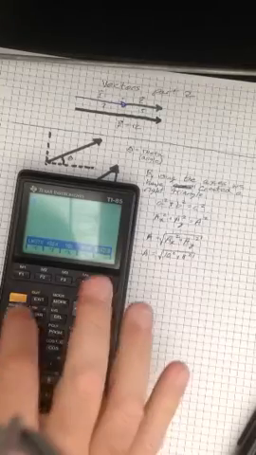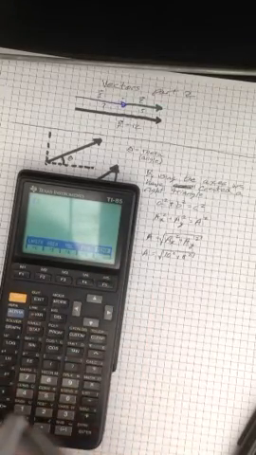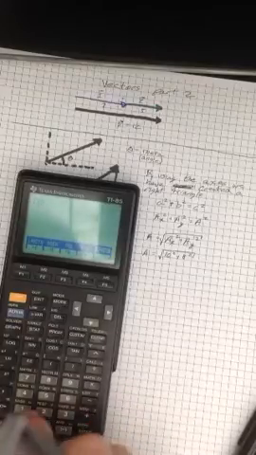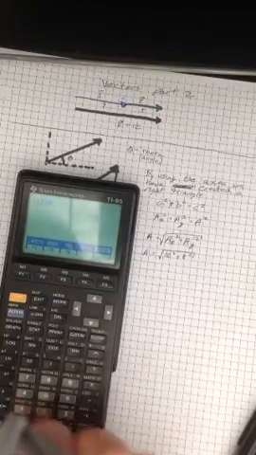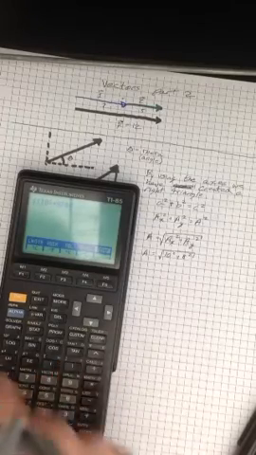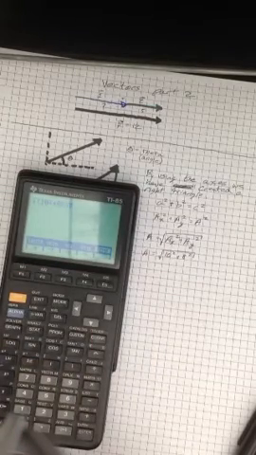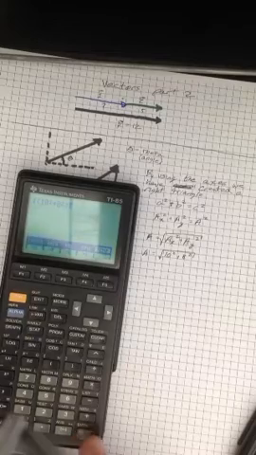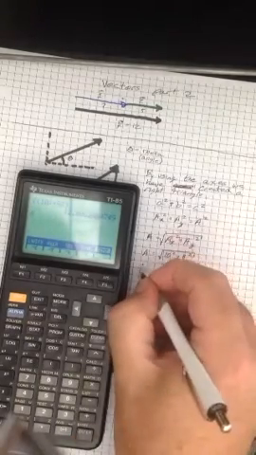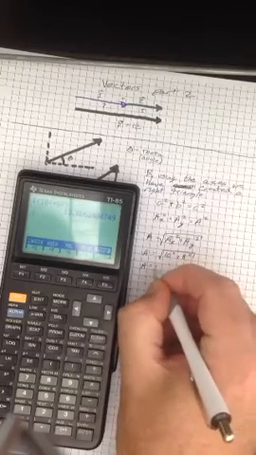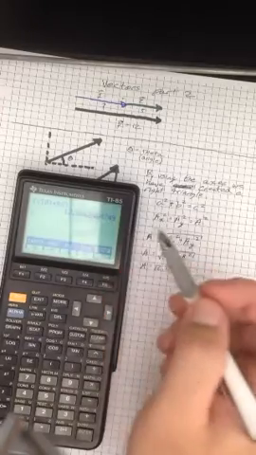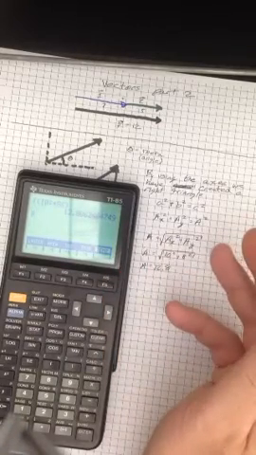I put in my square root sign, then a parenthesis, and I do 10 squared plus 8 squared. Then I close my parentheses. It's going to do the square root portion of it, and then I hit equals, and I end up with A is equal to 12.8.